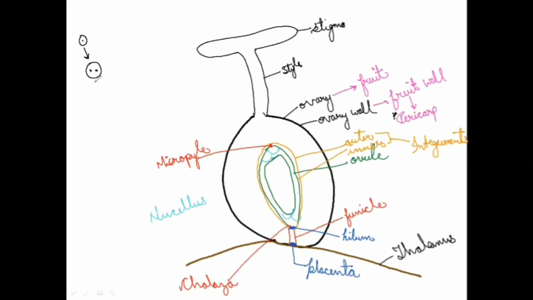After this division, which is a mitosis division, not meiosis, since meiosis is already done, again mitosis will occur, and this one nucleus will form two nuclei each. Again, each nucleus is going to have this mitosis division, and from this, a total of 8 nuclei will be formed.